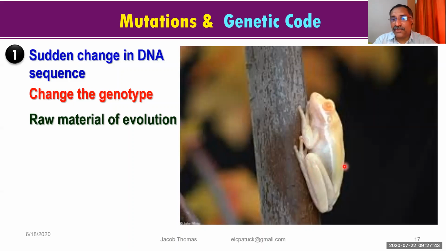But you see that this kind of white frog you get, that means there is a genotypic change, there is a mutation. So it is a raw material for evolution.